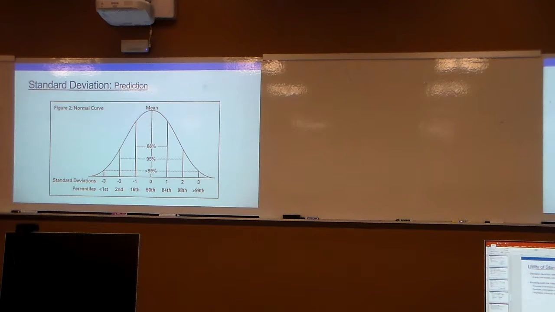If we spread it out, about 95% of the observations are going to fall between 2 standard deviations above and below. If we go out 3 standard deviations, we're talking about 99% of the sample, if it's following the normal distribution, we're expecting to fall within 3 standard deviations.